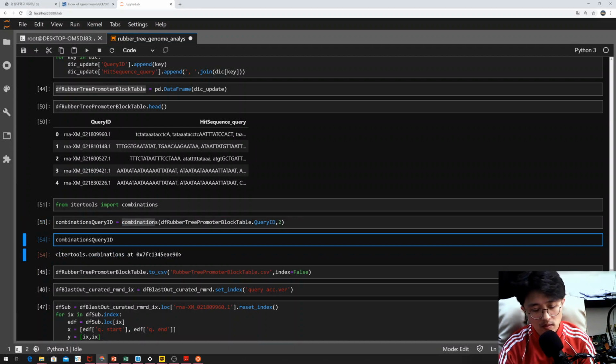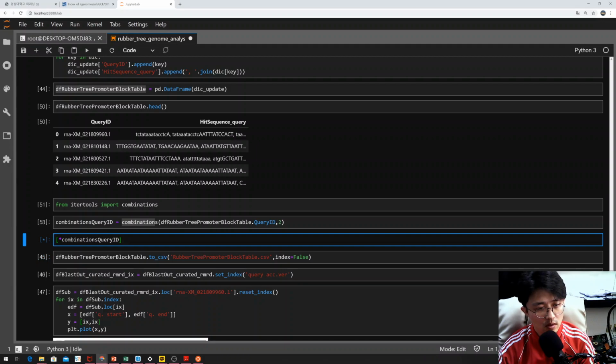So maybe that is a generator. Then you can just see what kind of combination is listed in this. Oh no, my computer is so slow, so I shouldn't run this command.